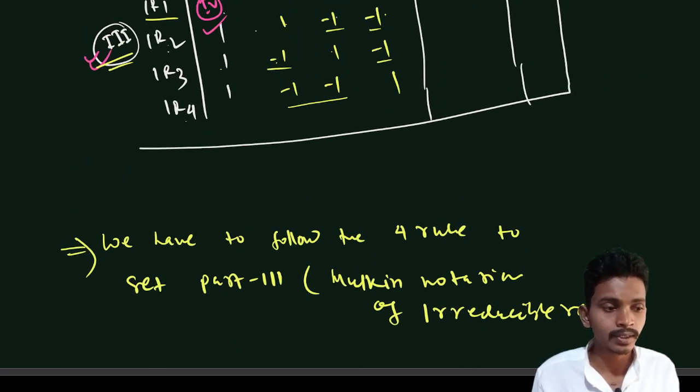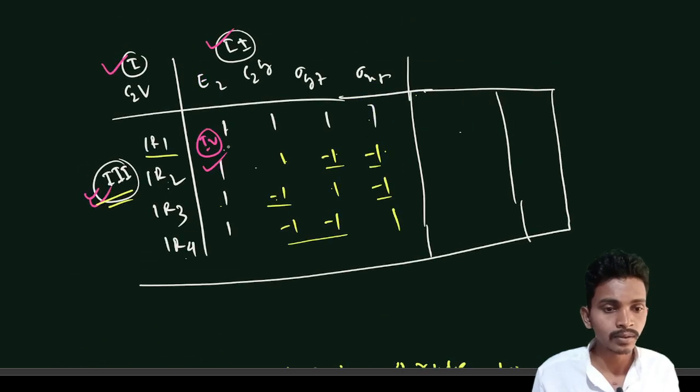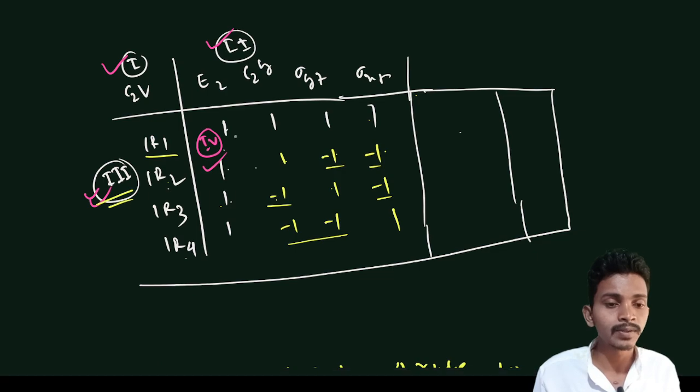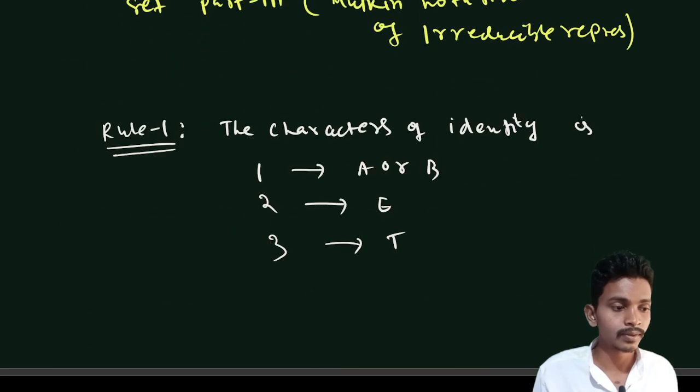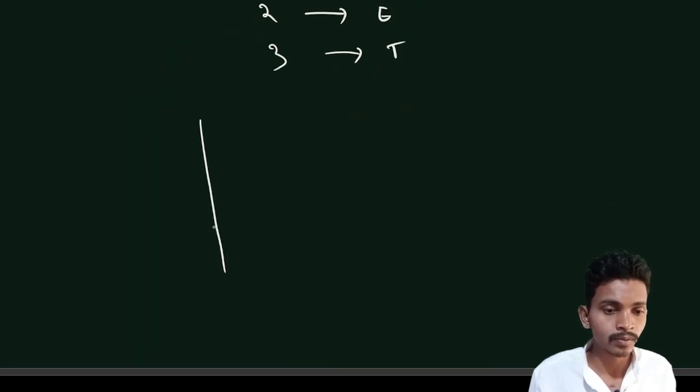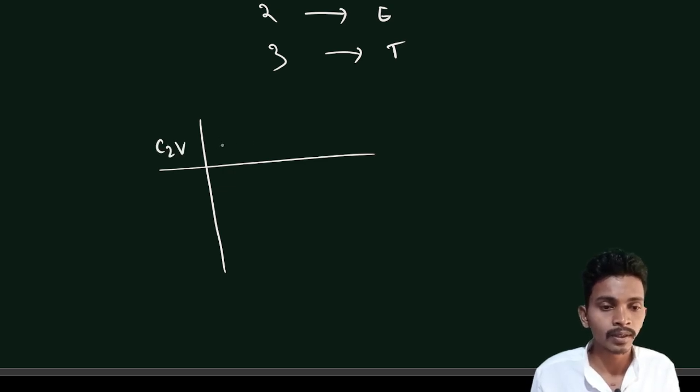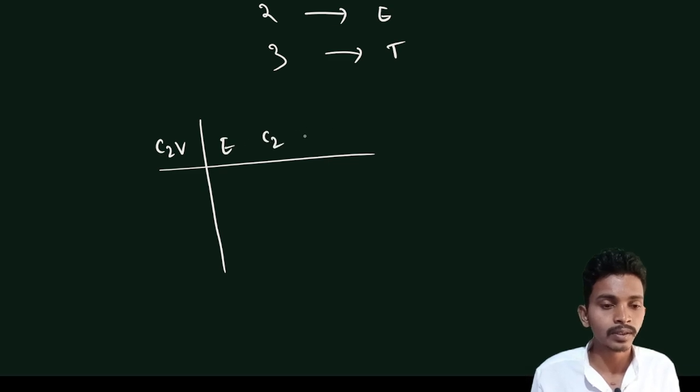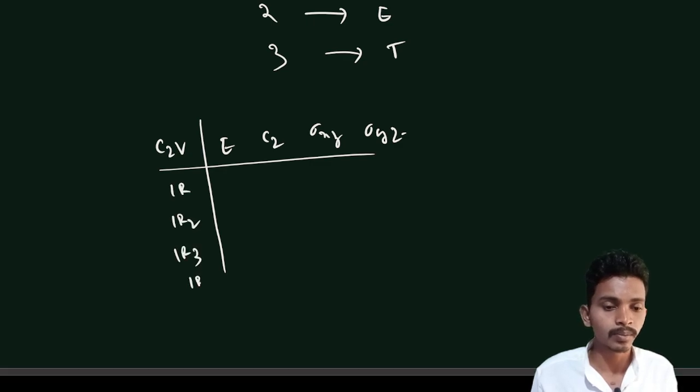Here, let's say, that is 1 1 1 1, so the character of the identity element is 1, which means it is A. Here this is C2v, and here we have E, C2, sigma xz, sigma yz, and IR1, IR2, IR3, and IR4.